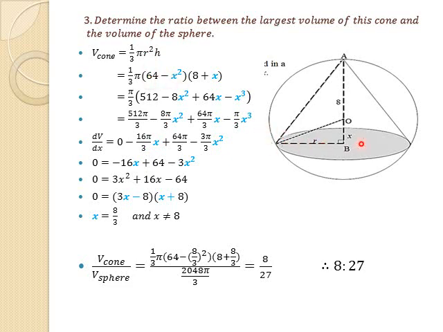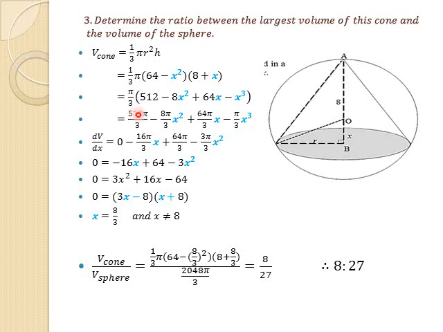My height is 8 plus x. So 8 plus x gives me the height. 8 times 64 gives me 512. 8 times minus x squared gives me minus 8x squared. x times 64 gives me plus 64x. x times negative x squared gives me negative x cubed.